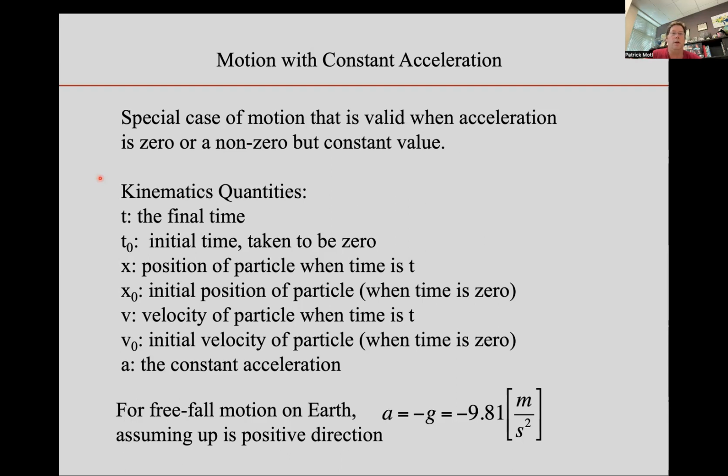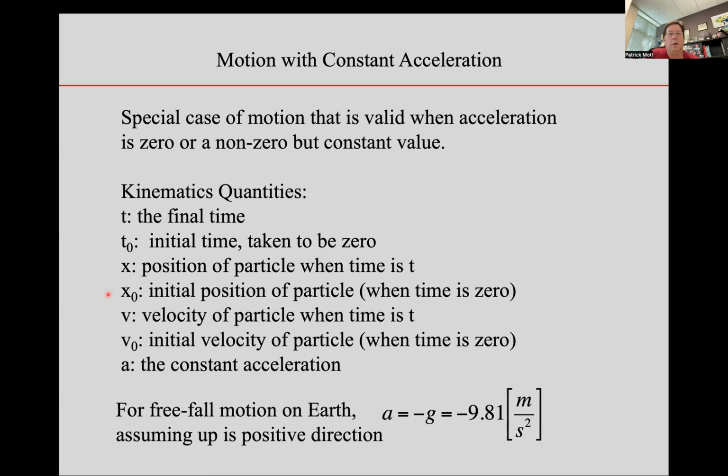To step through what the kinematics variables are, t means the final time, whatever you want to pick the final time to be. T naught is the initial time, and by default your textbook takes that to be 0. So you start your stopwatch at time t equals 0. X is the position of the particle at the final time. So where is the particle when the time is t?